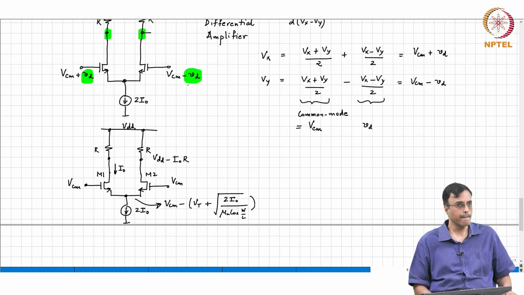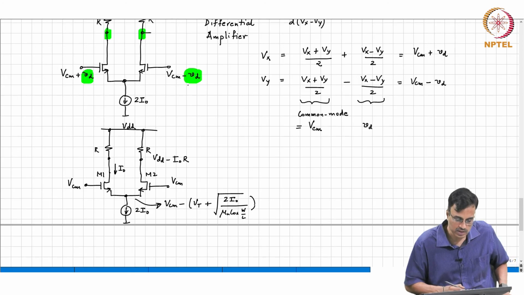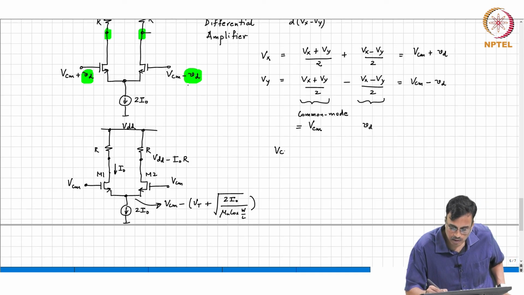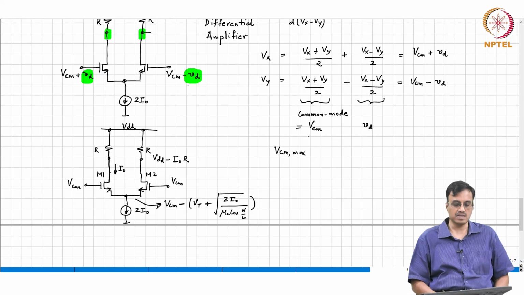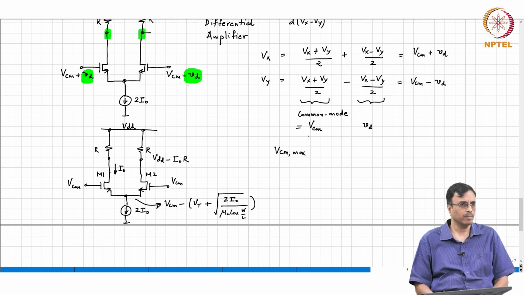Is that clear? Okay. So, first question, what is the largest VCM that will make sure that the transistors M1 and M2 are in saturation? By the way, why do we want M1 and M2 to operate in saturation? You will get a large incremental gain.